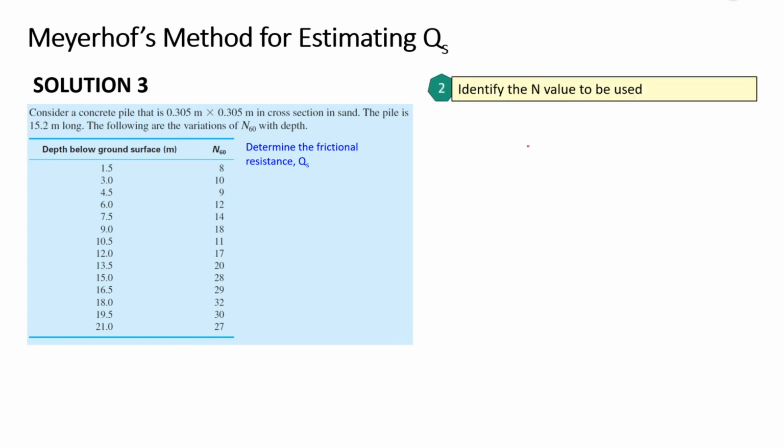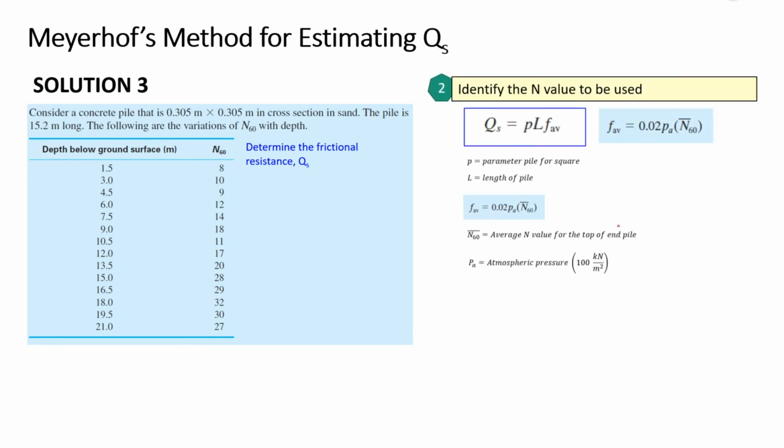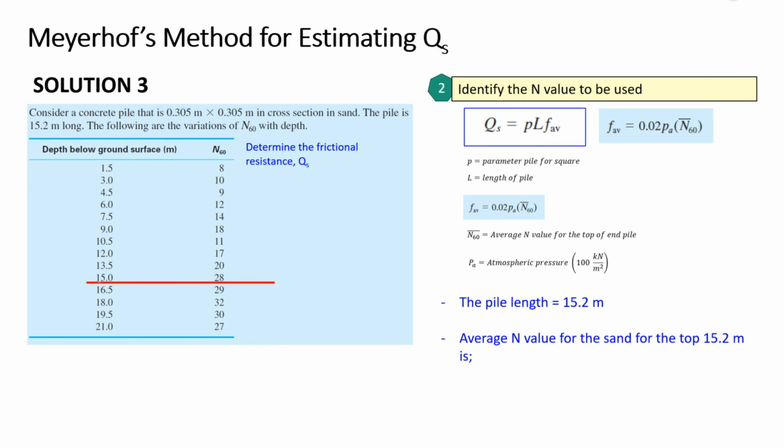Now, how to identify the N value? We know that the pile length is 15.2 meter, so we locate where 15.2 meter is. Now we need to get the N value for the top of 15.2 meter, so we look above from the end of the pile.